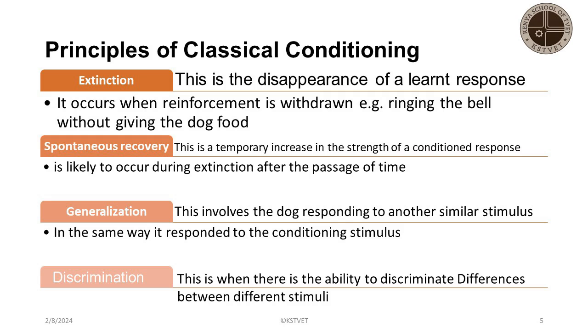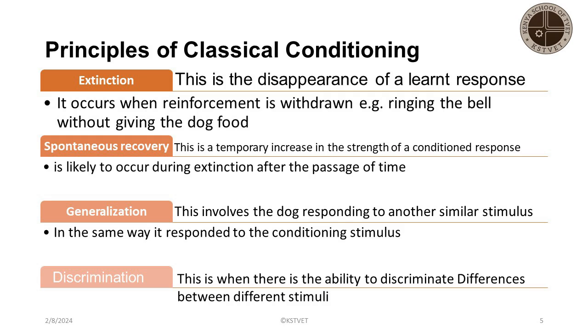And finally, discrimination. Discrimination involves the ability to differentiate between a conditioned stimulus and other stimuli that do not signal the presence of the unconditioned stimulus.